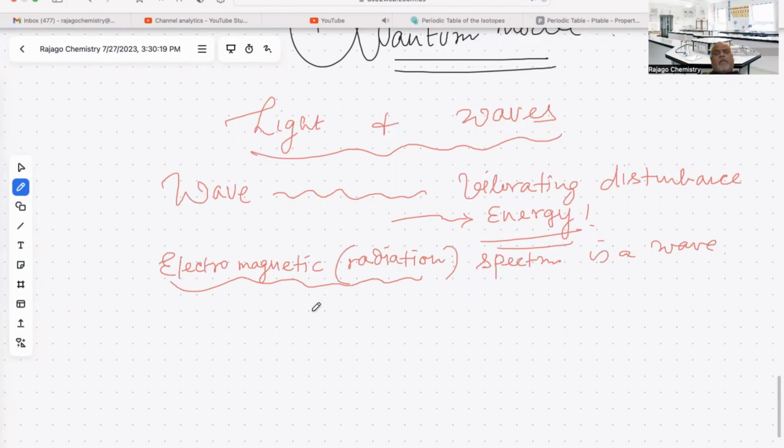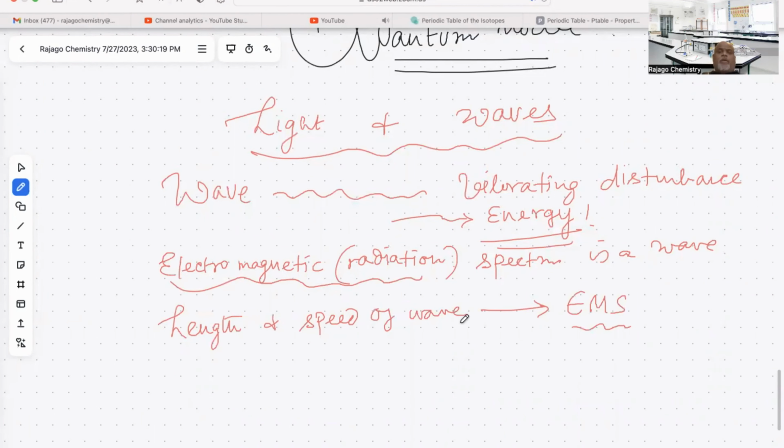And the length and speed of the wave will determine in which part of the electromagnetic spectrum it belongs to.